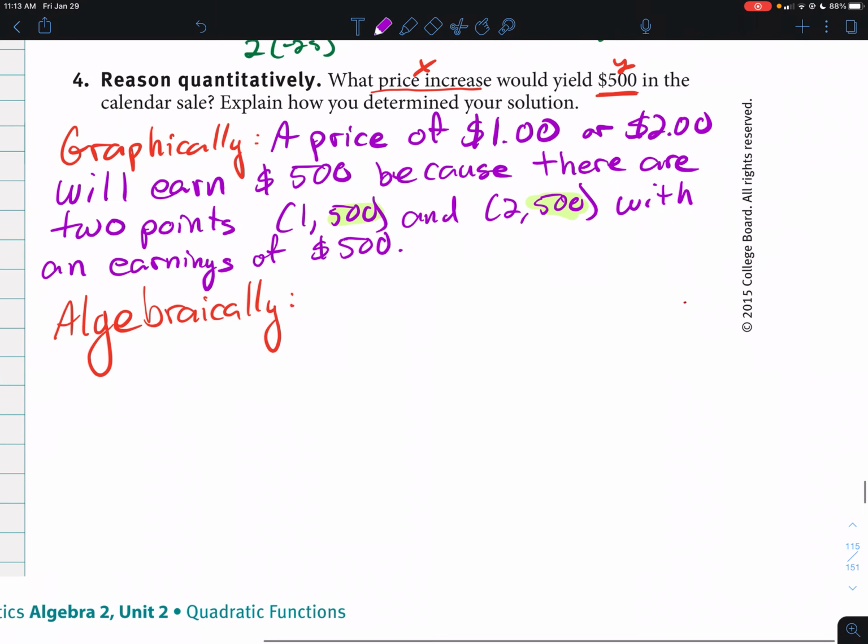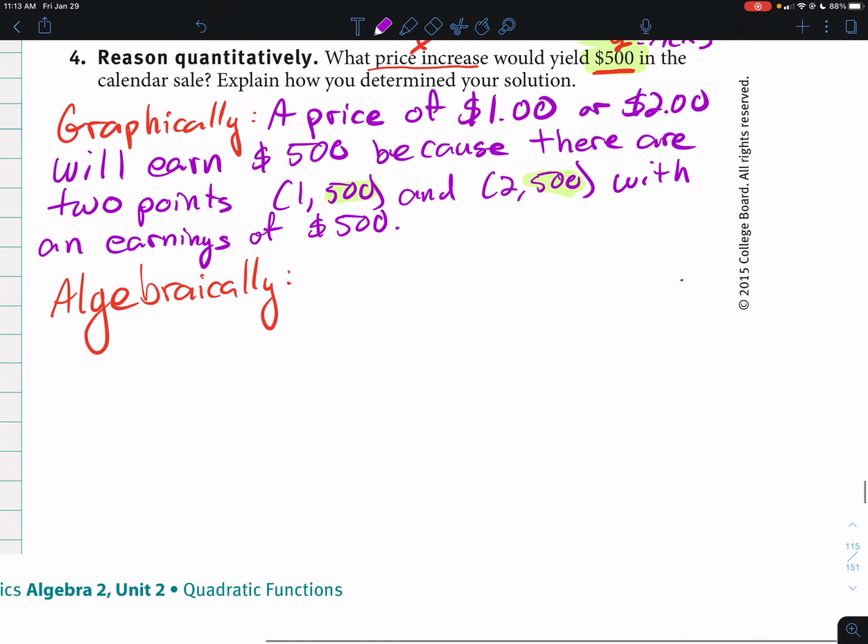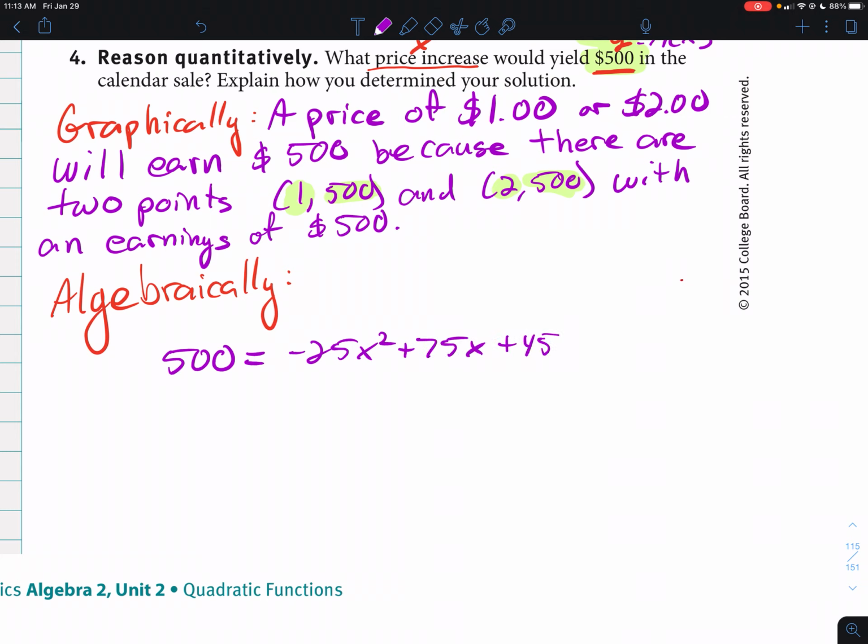Algebraically, so again, our A of X and Y are the same thing. So I'm going to write my equation. I'm going to change A of X to 500. And we should get 1 and 2 when we work this out. Plus 75x plus 450.